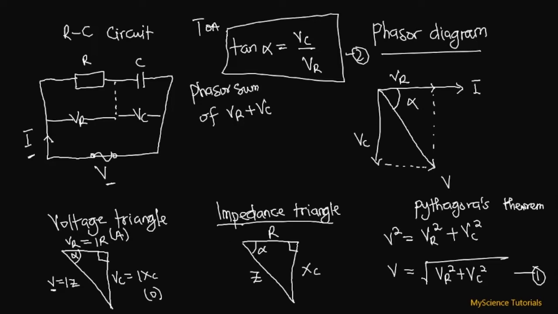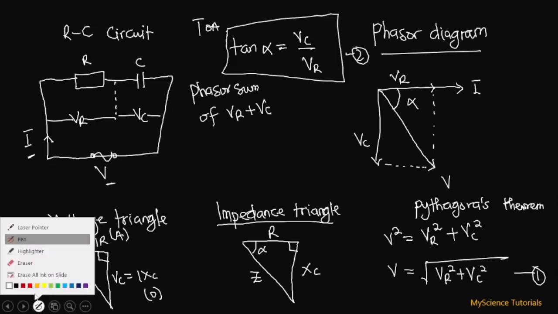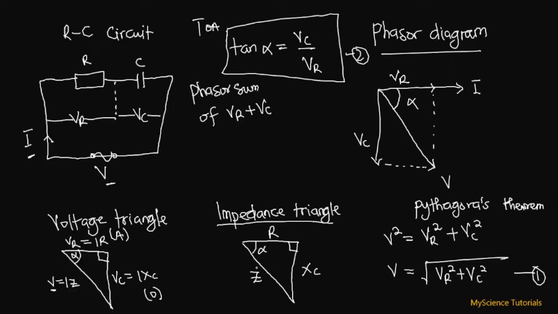Now, if we look at the impedance triangle over here, let me use another color. If we want to find the impedance over here, it's going to be the same as how we find the applied voltage over here. Because this is the hypotenuse, we're going to have Z squared will be equal to R squared over here plus XC squared.